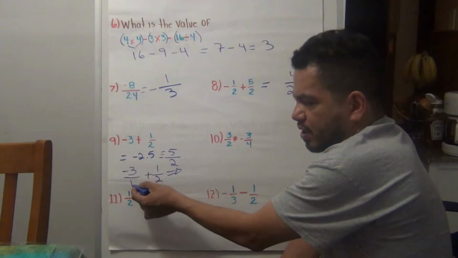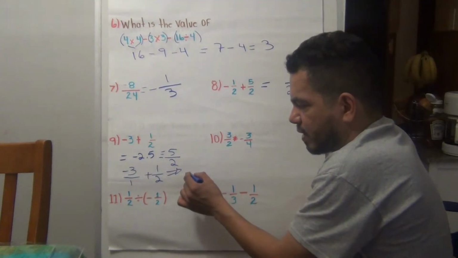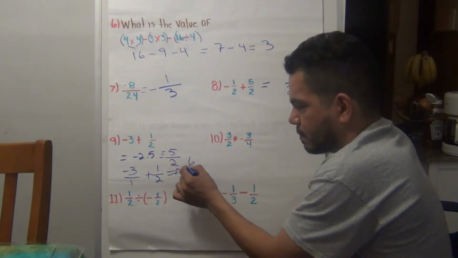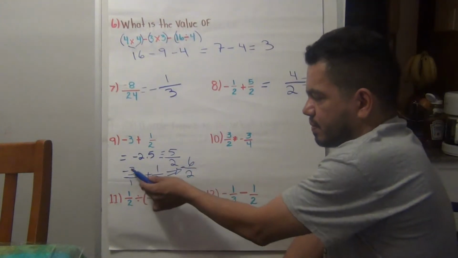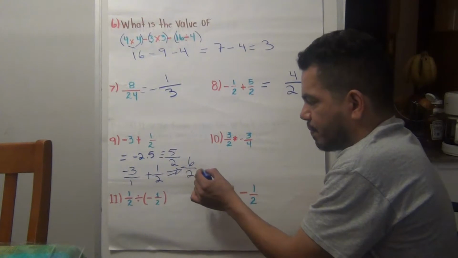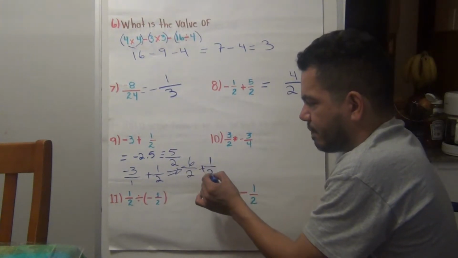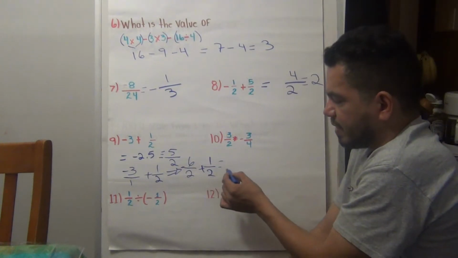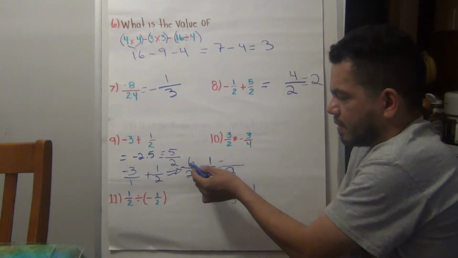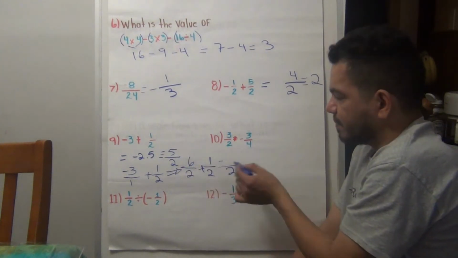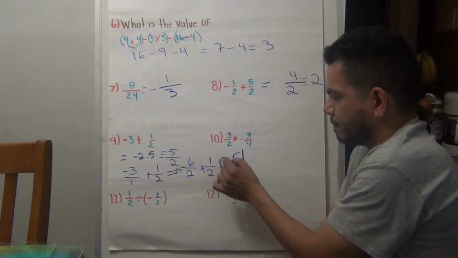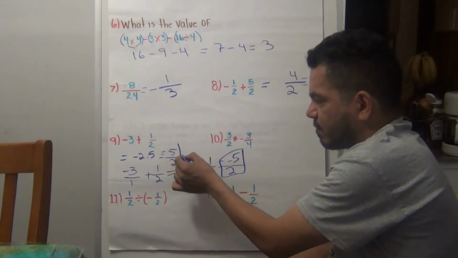So how do I turn this one into a 2? Multiply by 2 over 2, right? So this turns into negative 6 over 2 plus 1/2. Okay? Now they have the same denominator. Negative 6 plus 1 is negative 5. Same thing as what we got right here.